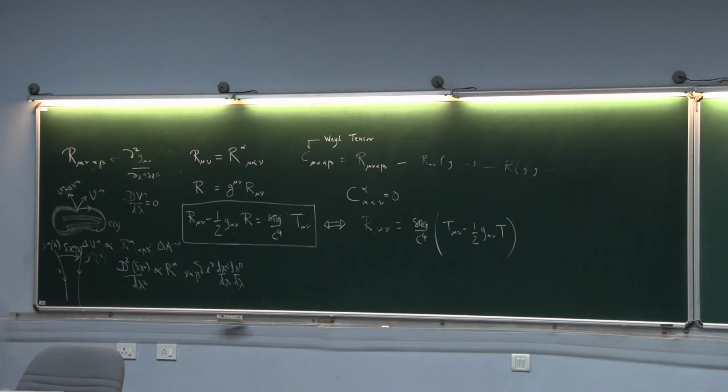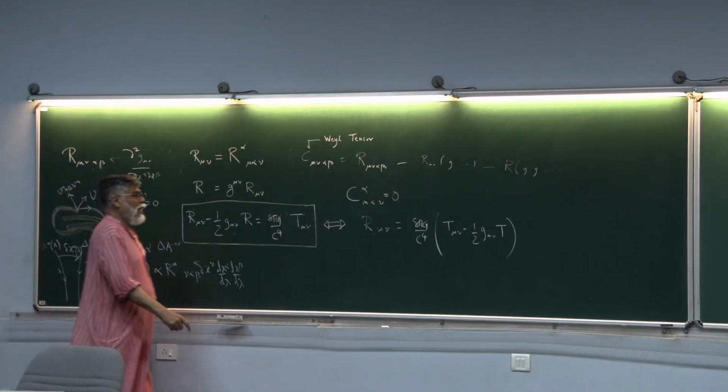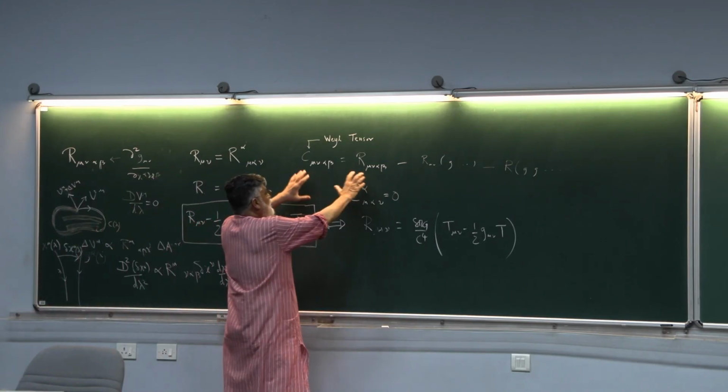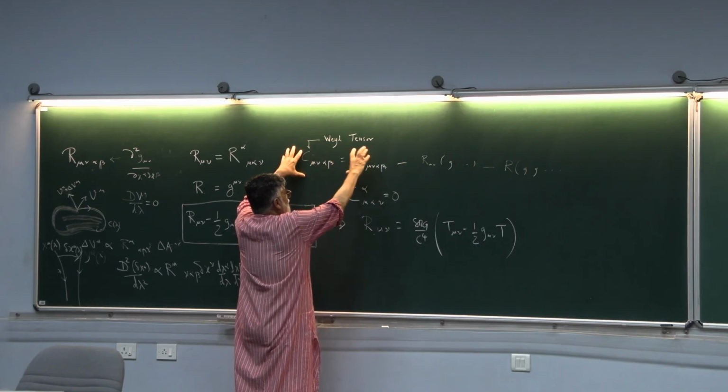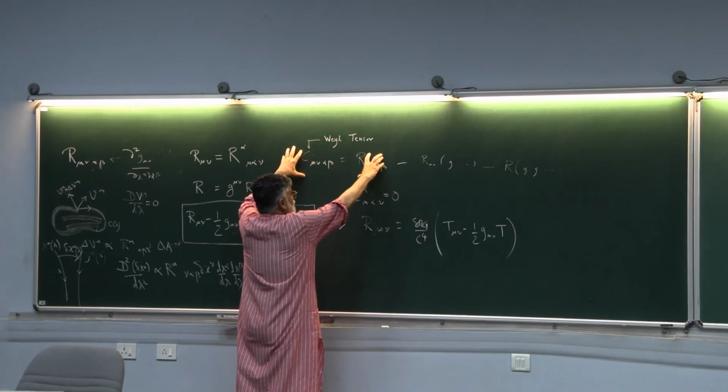And this tells me that if you are looking at the geodesic deviation, that means two test particles following a geodesic and you want to find out how the separation is changing with time, outside any matter distribution, because R_{mu nu} and R are 0, the Weyl tensor is the same as the Riemann tensor.